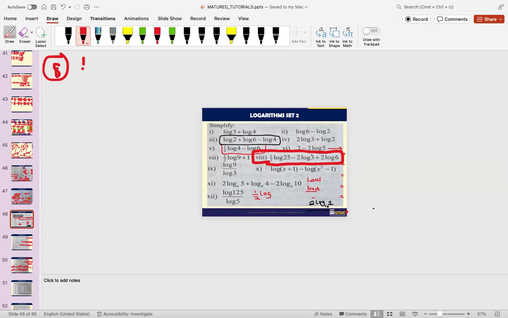It says we should solve half log 25 minus 2 log 3 plus 2 log 6. Half log 25 minus 2 log 3 plus 2 log 6.